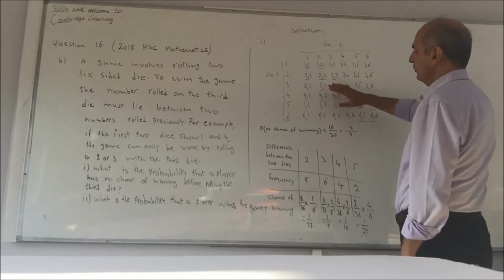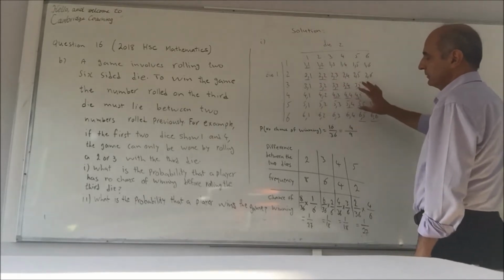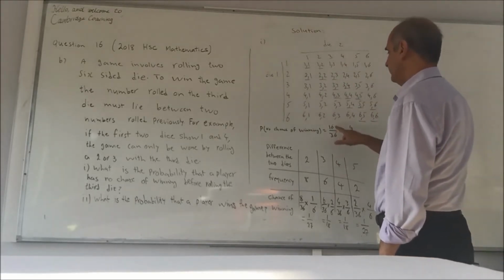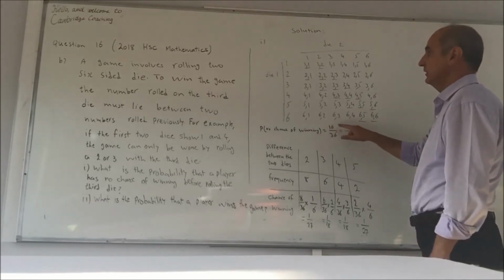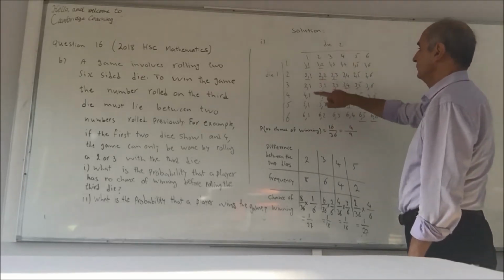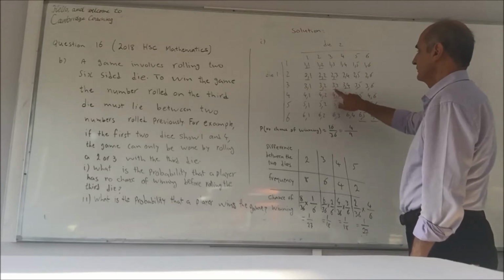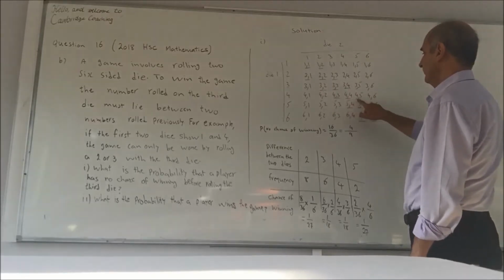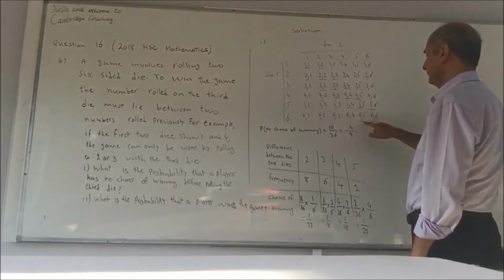If you count all of these underlined ones, you end up with 16 cases: 1, 2, 3, 4, 5, 6, 7, 8, 9, 10, 11, 12, 13, 14, 15, 16.